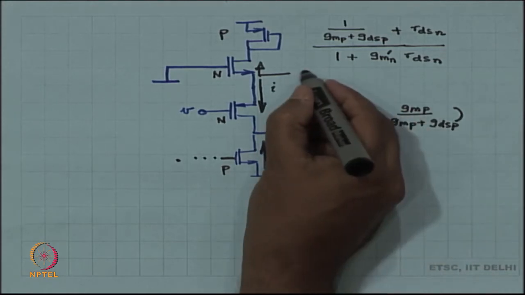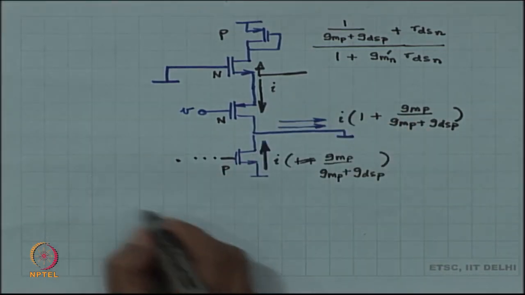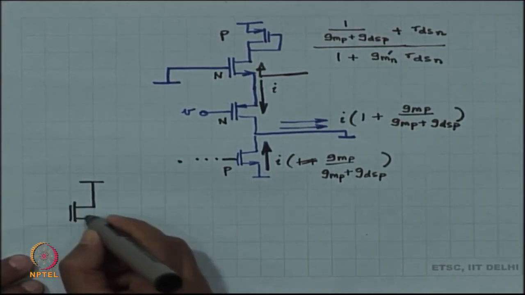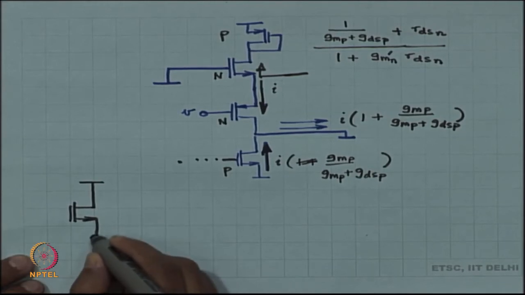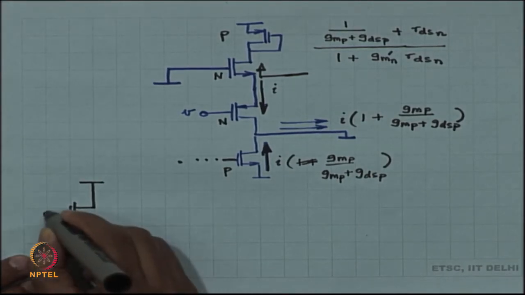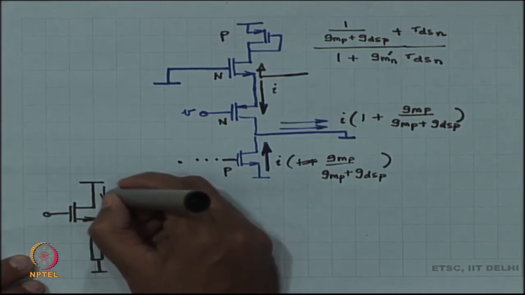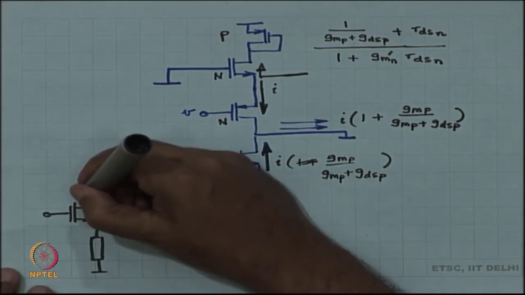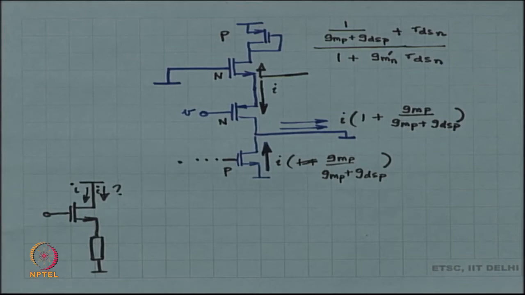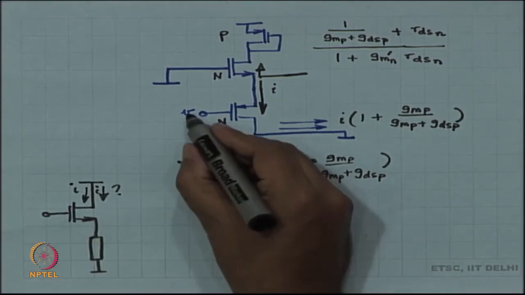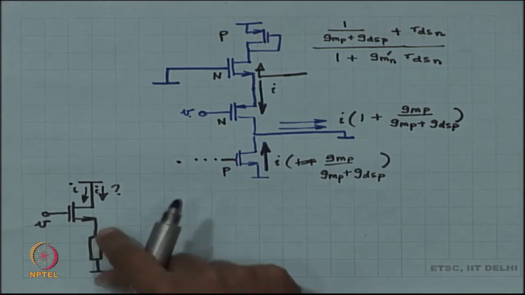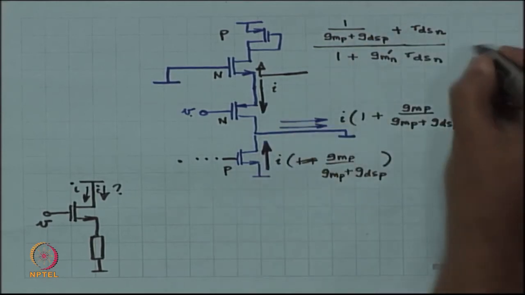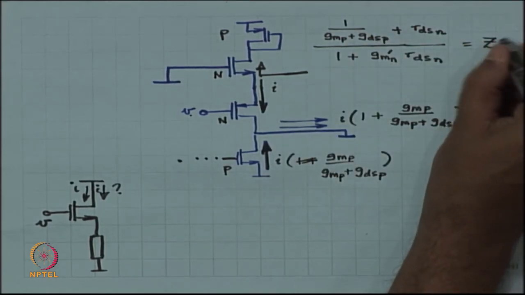That is this impedance. So, my problem looks like this. This is the I current. What is the value of I? If I apply V over here and the source is terminated with this impedance, let us call this impedance Z prime.